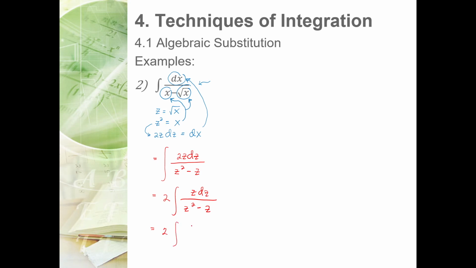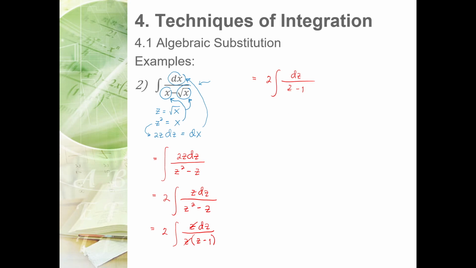So 2 integral of z dz all over z times z minus 1. So we can cancel one z. So the final format is 2 integral of dz all over z minus 1. Notice that this one is already the simplest form of the equation.